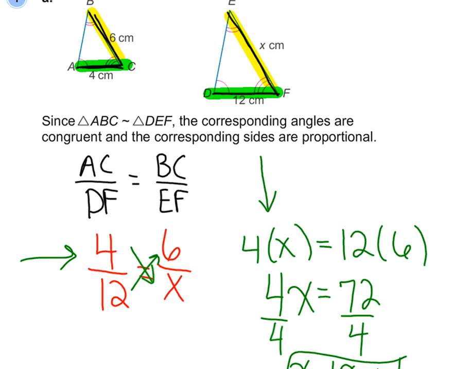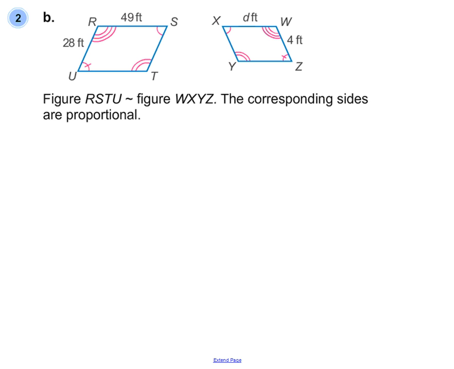Okay, I'm going to do a couple more examples with you. So here is our RST figure with WXYZ. So the corresponding sides are proportional. Now, if you look here, the second figure is kind of twisted around or inverted. So we just have to be really careful with what corresponds with what.